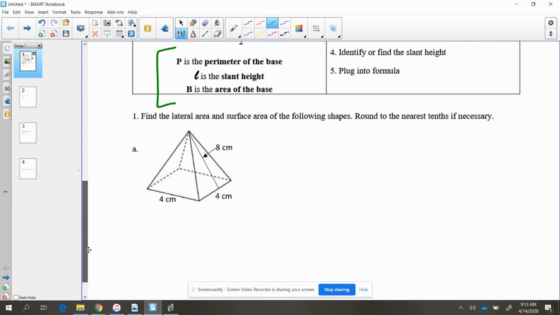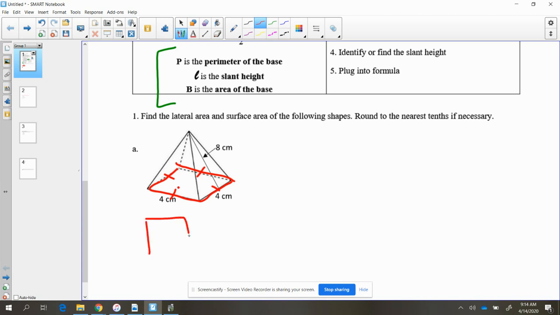Okay, so for our first example here, notice our base this time is a square. Why do we know it is a square? Well, it's telling us that these sides are congruent, so we can assume those opposite sides are also congruent.